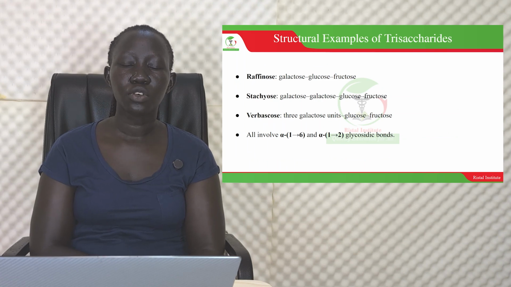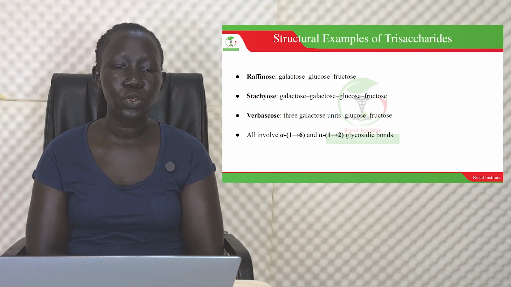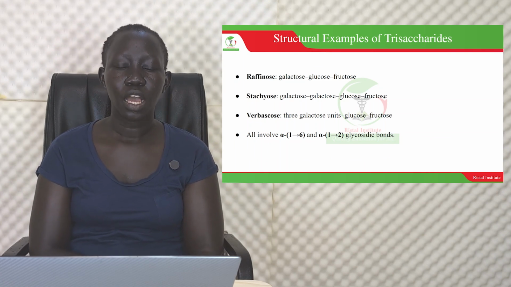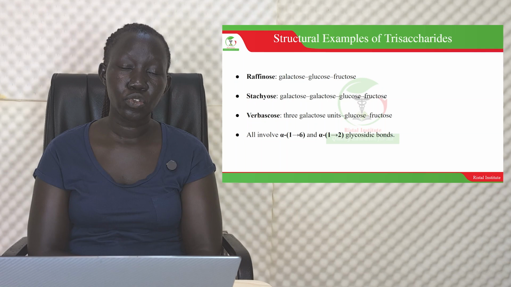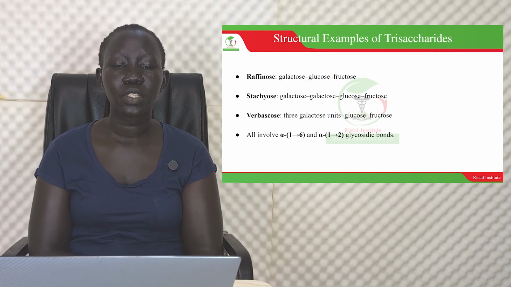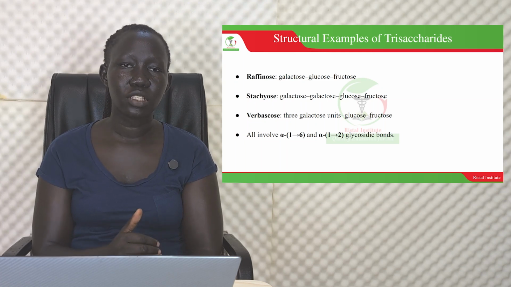Structural examples of trisaccharides: we have raffinose, which constitutes galactose, glucose, and fructose. Stachyose constitutes galactose, and then glucose and fructose. Verbascose constitutes three galactose units, glucose, and fructose. So you can see the chain and the naming of each of these.